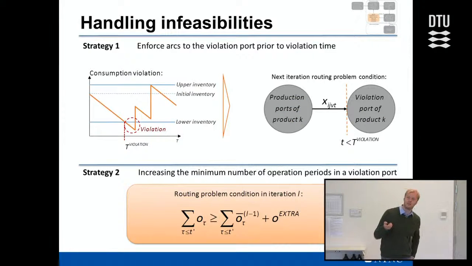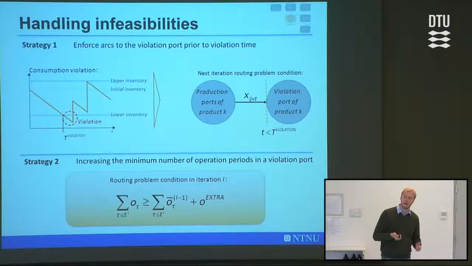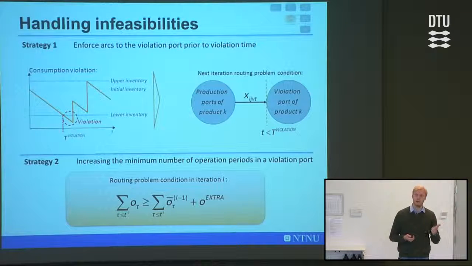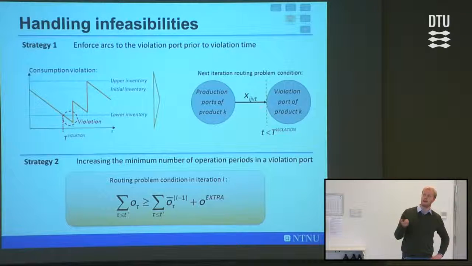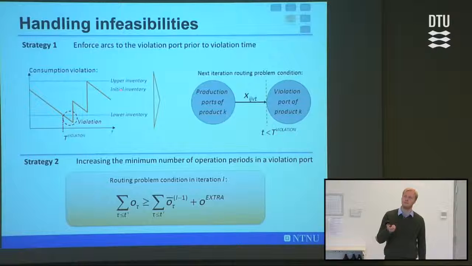The first one is to see, oh, here is a violation. Then we know which port it's in, which product the violation is for, or which inventory it is, and at what time. And then we look at the product. So this is the violation port of this product, this consumption port.